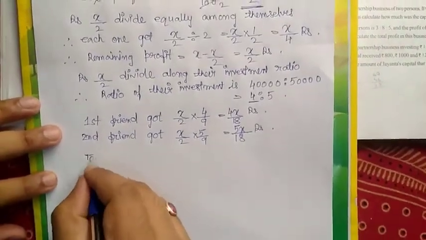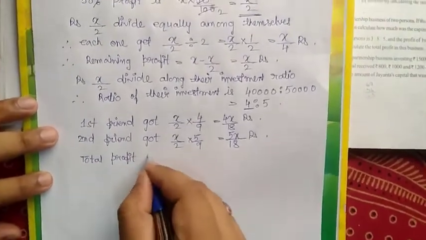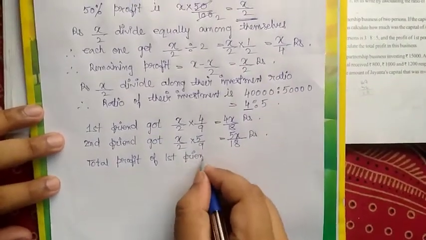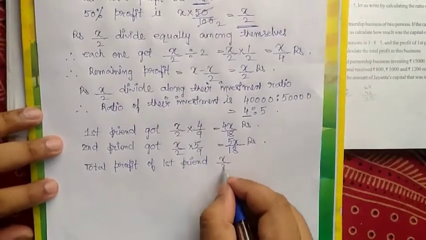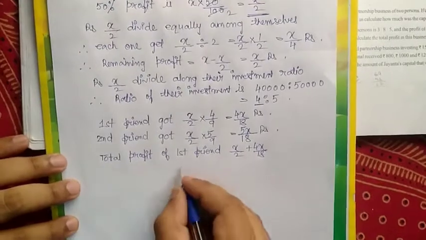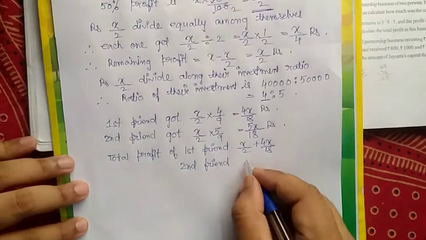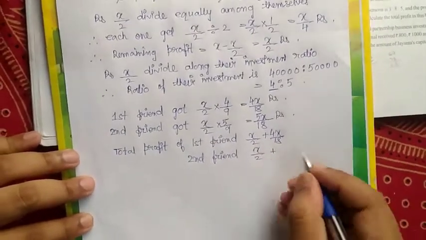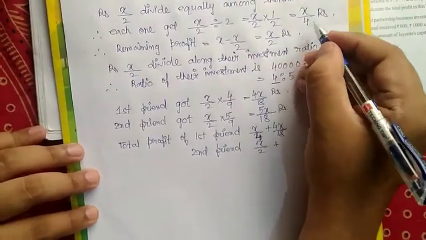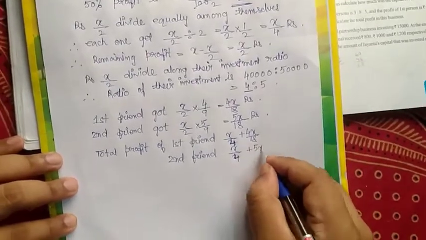So the total profit of the first friend is x by 4 plus 4x by 18, and the second friend, sorry, each one got x by 4, so x by 4 plus 5x by 18.